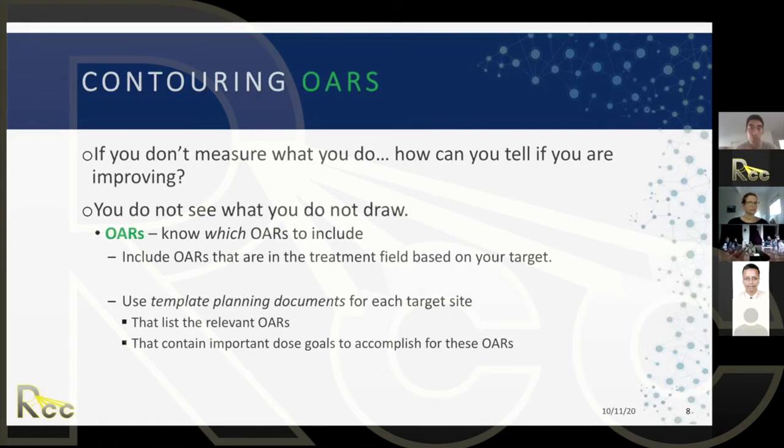Also, we're all human. It's very human to make mistakes. We know that in many other domains of medicine, it is essential to include checklists. So think of this as a safety checklist that we have to make sure we never forget. We also want to include our dose goals for these OARs.